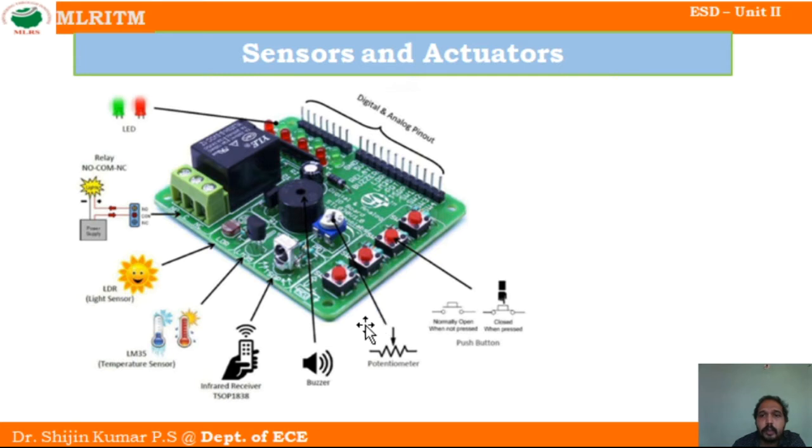The potentiometer, which we use to control something, is an input, so it is a sensor. Then the push button is also an input. These are some examples of sensors and actuators connected to an embedded system.